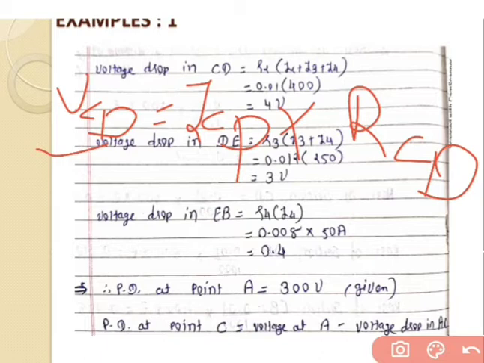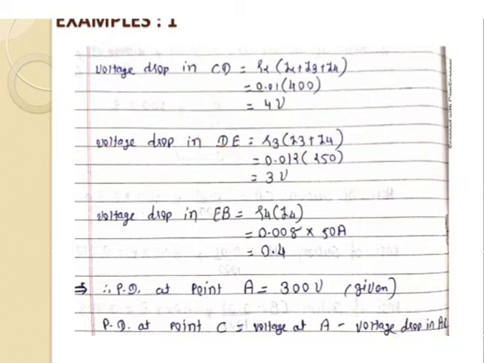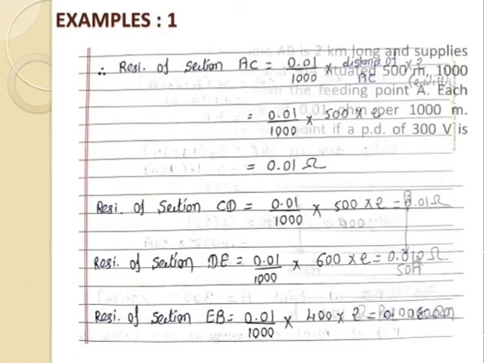R4 is 0.008 into 50 ampere, so we get the voltage drop in the EB section equal to 0.4. So this is step number 3. Now we are going for step number 4, which we have to calculate in this example.